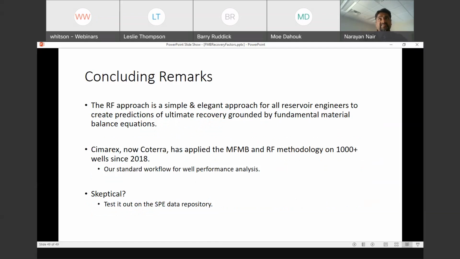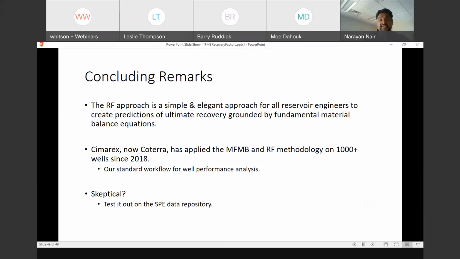We showed you several field examples. We showed you some simulation. It's not bulletproof. It is user judgment. You're using user judgment to forecast your ratio versus time, versus using a simulator to project your ratios and abandonment pressure over time. The recovery factor approach is simple and elegant.